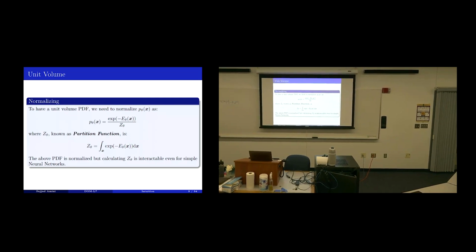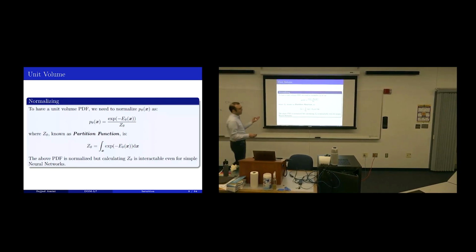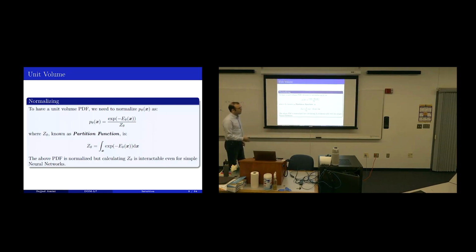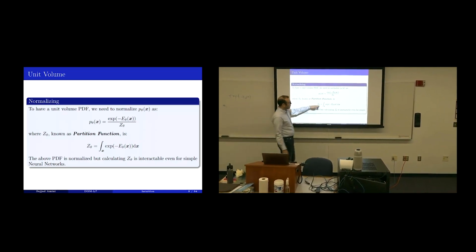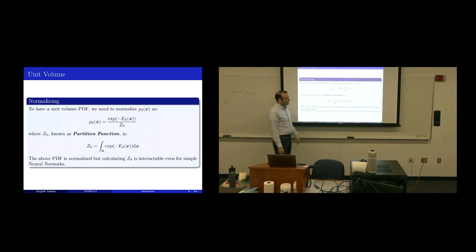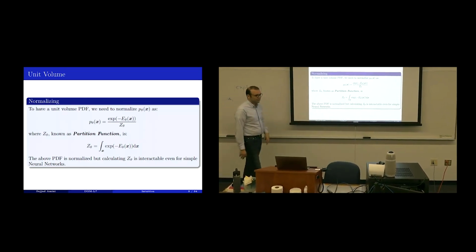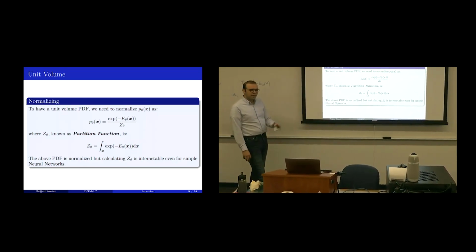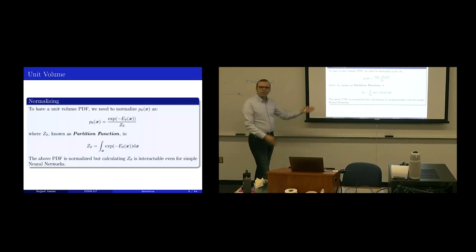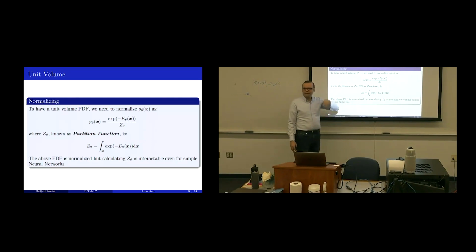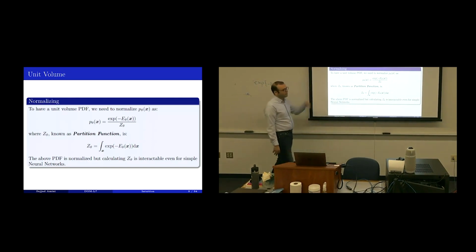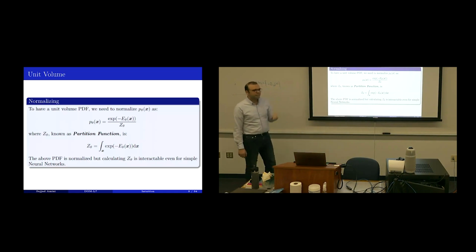Calculating z theta is intractable, so although you have a very flexible model, you have a severe problem here in calculating z theta. Satisfying the second property is very hard, and all we talk about is how to mitigate this problem in energy-based models. This is the most common part.